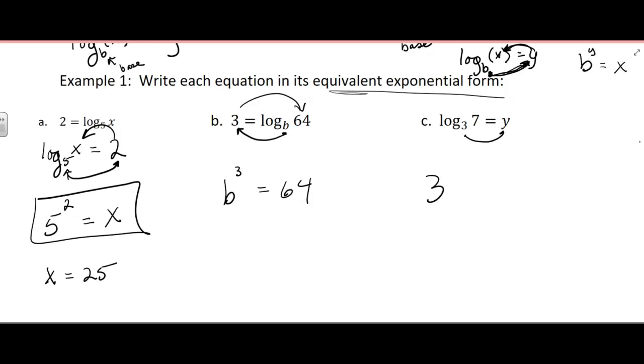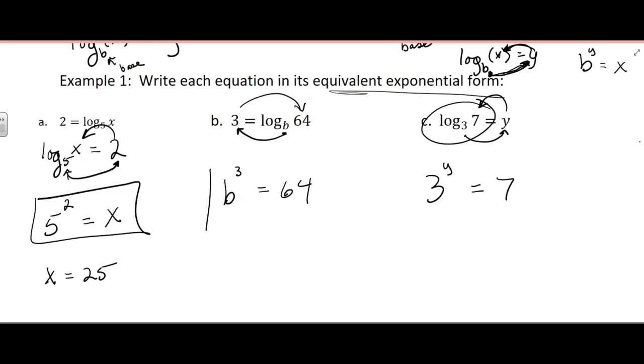Go on the other side of the equal sign to get the exponent, y. And it equals whatever you were taking the logarithm of, it equals 7. So when we're looking at this, we're saying log base 3 of 7. You're taking the logarithm base 3 of 7.